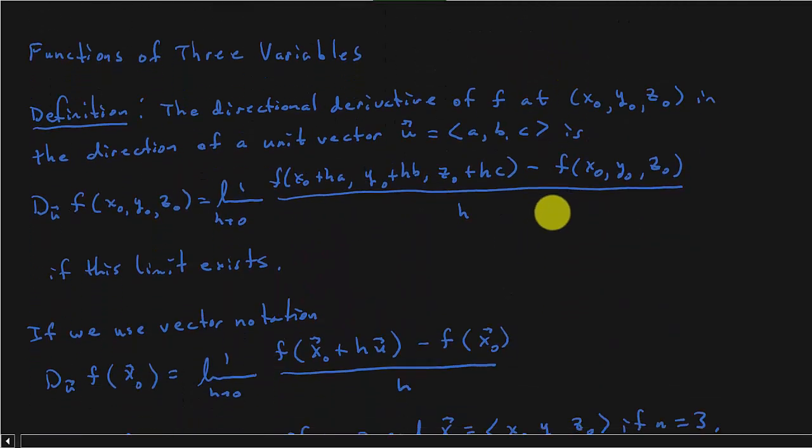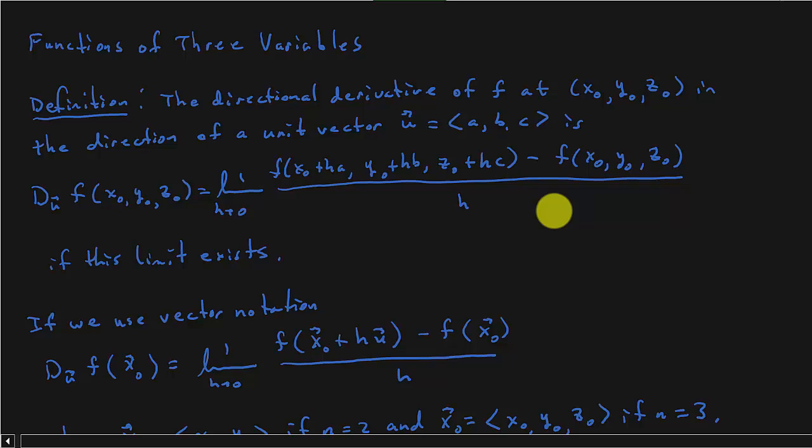All right, let's look at functions of 3 variables. So you can probably assume it's going to be similar to 2 variables. We've got the definition: the directional derivative of f at (x0, y0, z0) in the direction of a unit vector u, where u is the unit vector <a, b, c>, is this thing right here, if this limit exists.